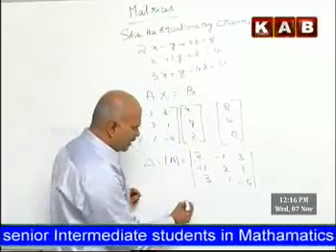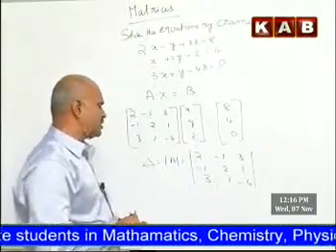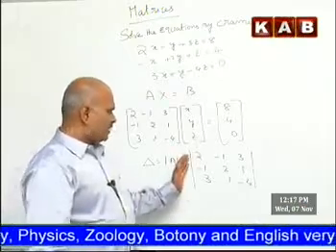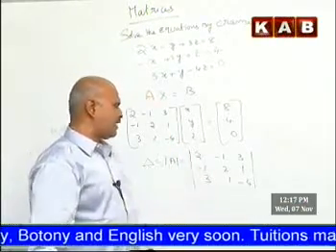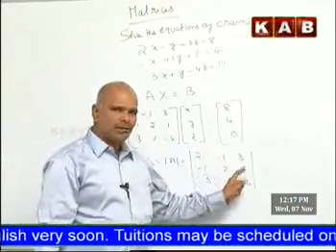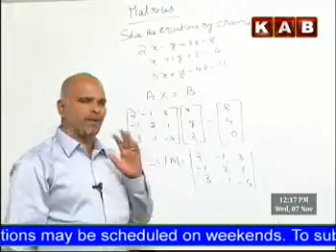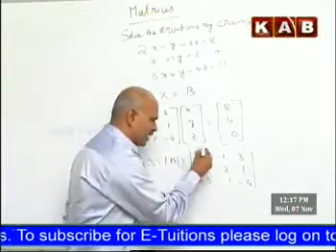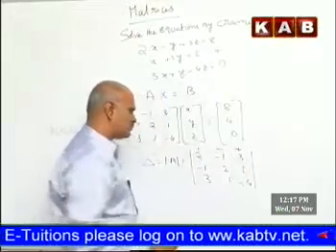This delta can be evaluated, I think by our previous discussions, like this. Any determinant can be expanded either by using a column or by using a row. Now I would like to do it by the first row only, with signs plus, minus, plus.